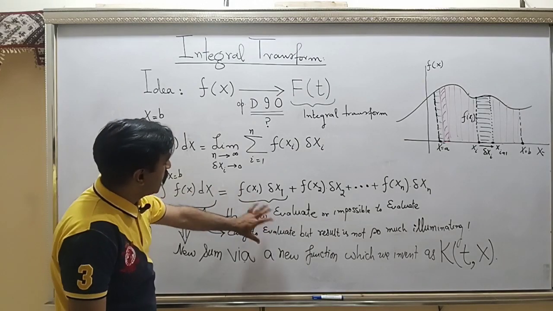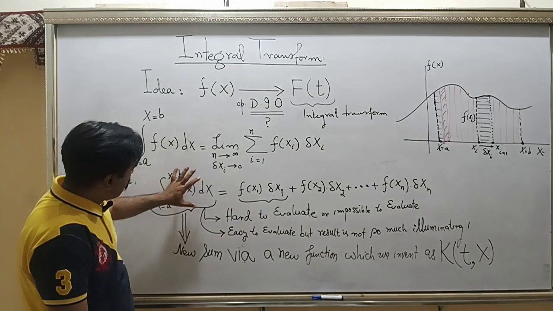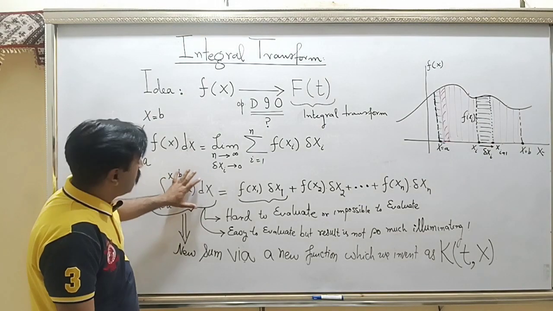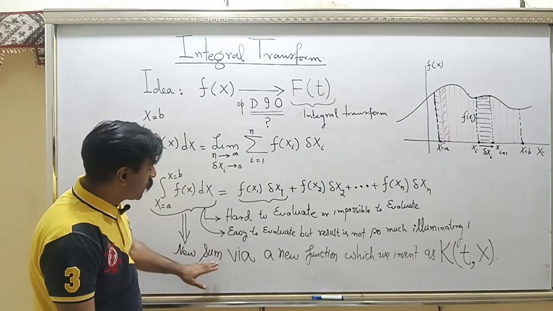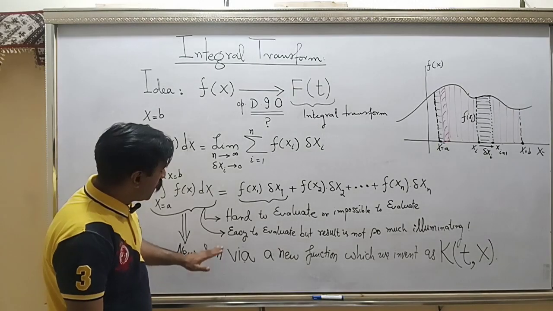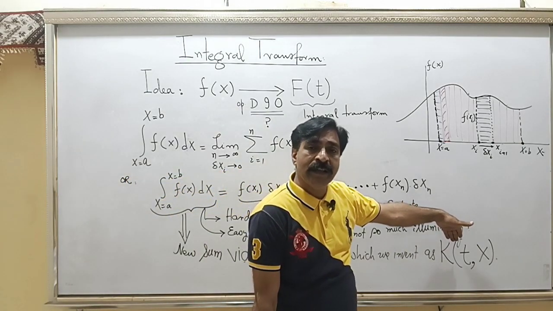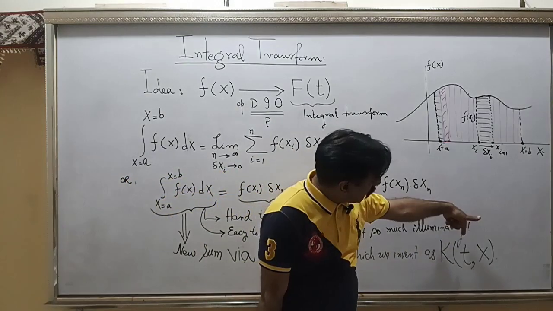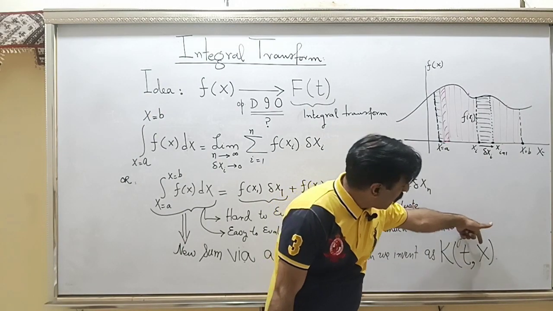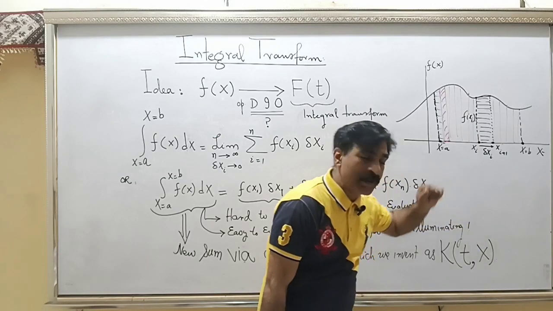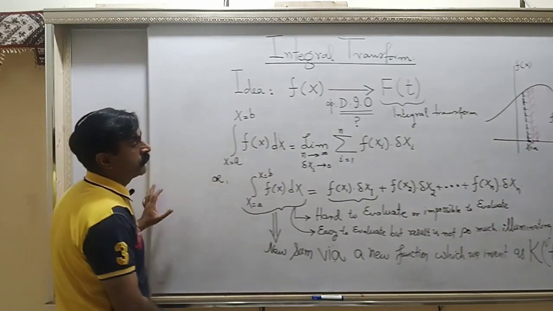So because of these reasons, we wish to get from this definite integral a new definite integral, meaning a new sum, and this new sum will be obtained with the help of a new function which we invent to be k, and it depends on the new variable which you wish to invent, and it is also a function of the old variable. How do we do it? Let's go on to the next board.